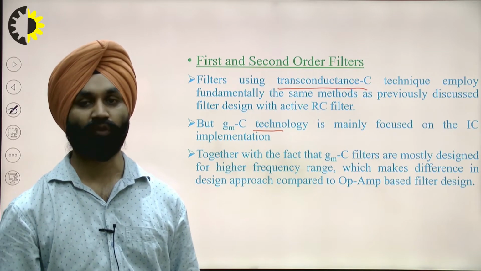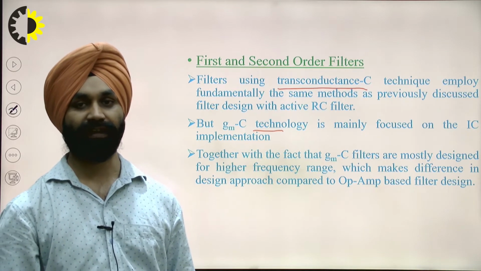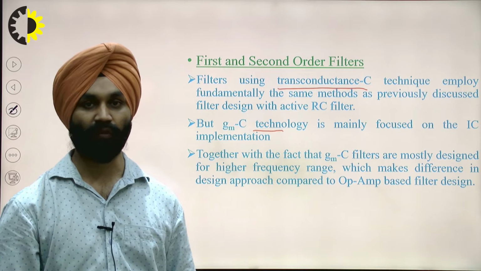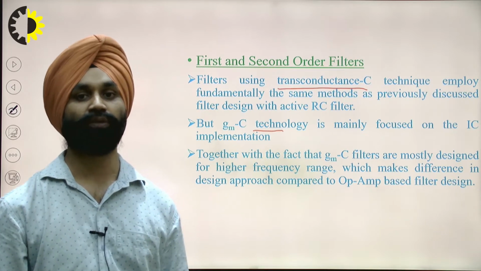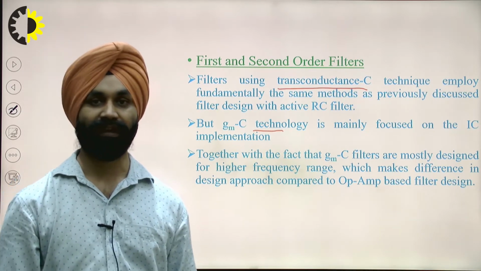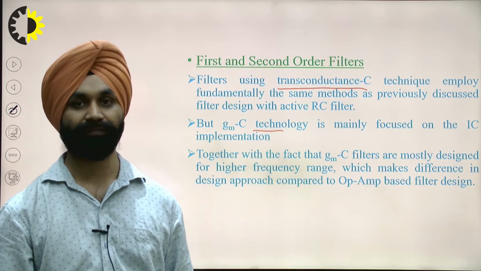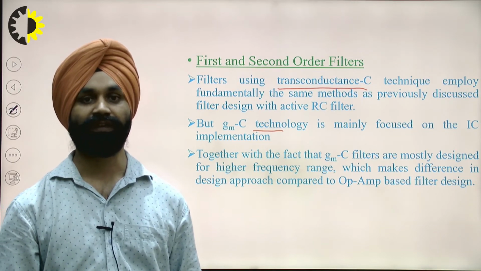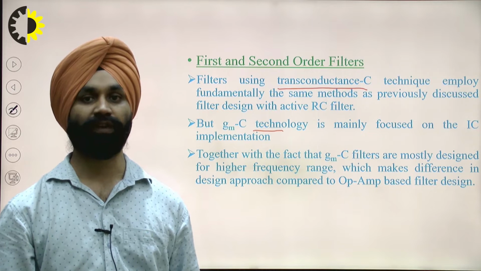However, in op-amp based filter design, we need more number of op-amps. For example, to design one inductor, we need 4 op-amps. That will make it a tedious task to create an IC.